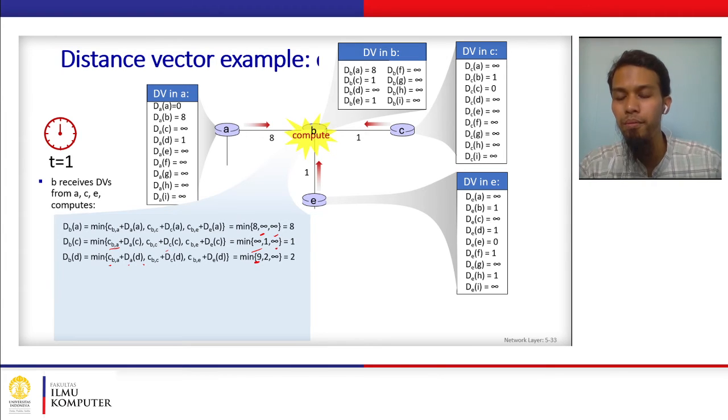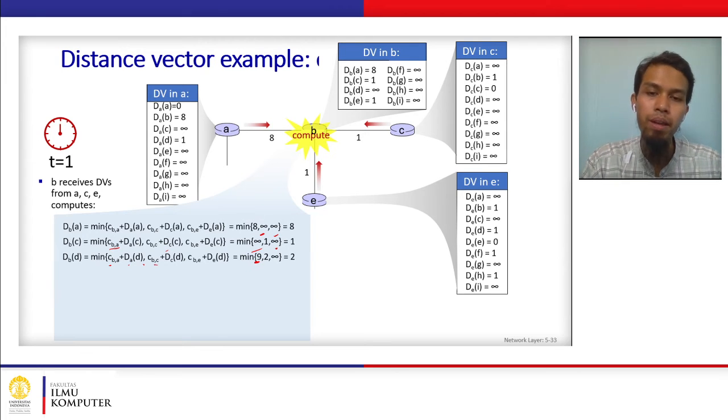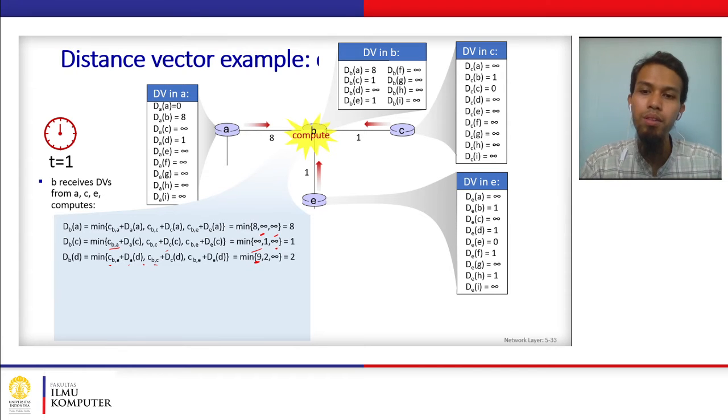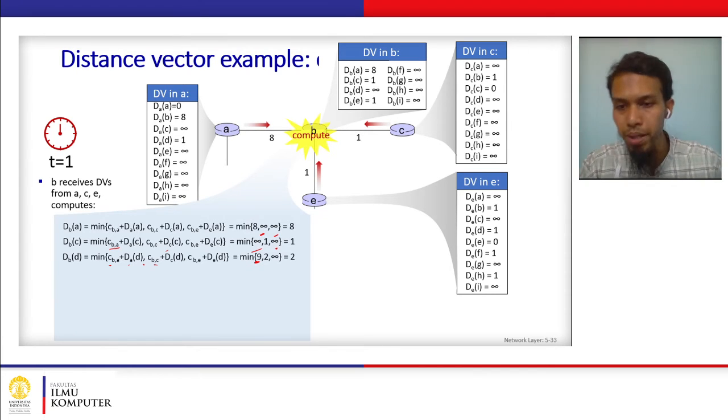If we go through C, I think there's a typo here: from C to D it should be infinity, because there's no direct path from C to D. And from B to D through E, the cost from B to E is 1, and the cost from E to D is also 1.